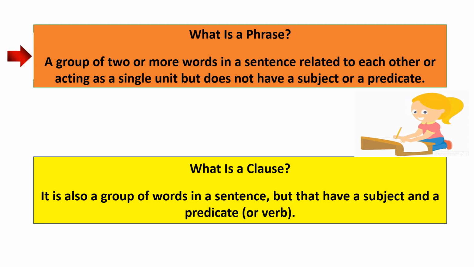Similarly, if we talk about a clause, it is also a group of words in a sentence, but it has a subject and a predicate, or you can say a verb. So now we are going to explore further through different examples the difference between a phrase and a clause.